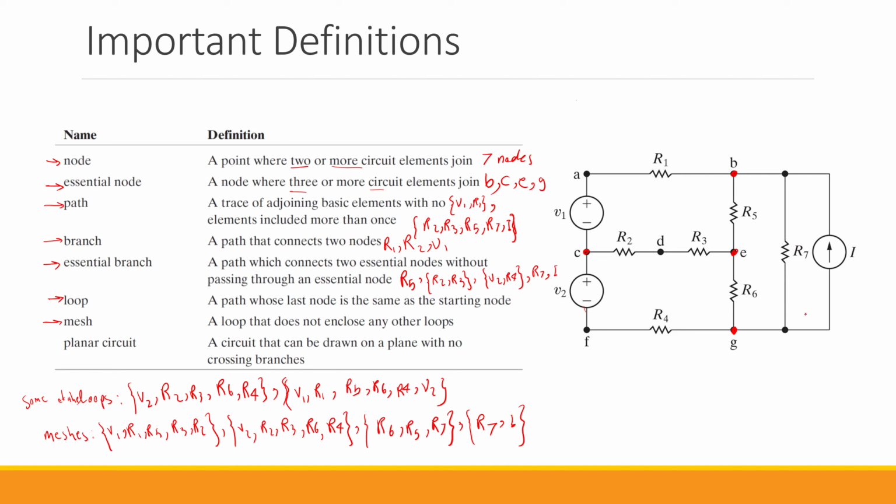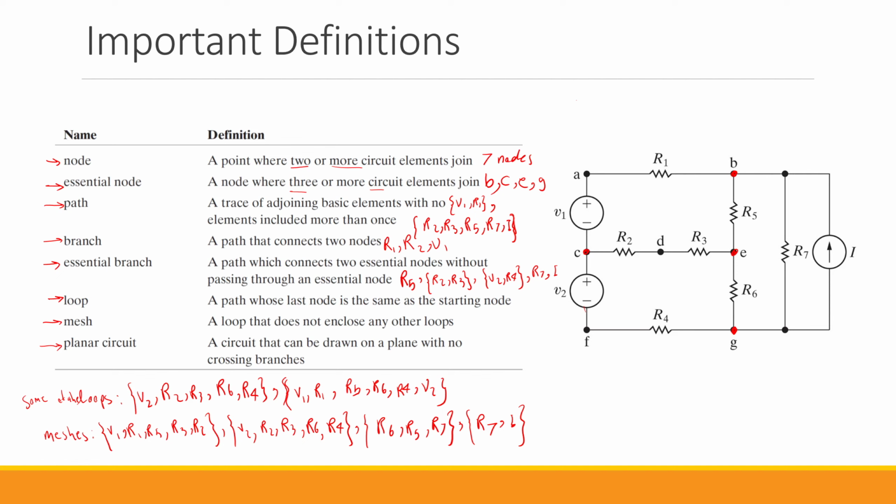You didn't repeat any of the components more than once, and there is no other loop inside of it. So that is a perfect mesh. As you can see, in this circuit, we only have 4 meshes, but we can have more than 4 loops. And then finally, the definition of a planar circuit, which you are already familiar with.